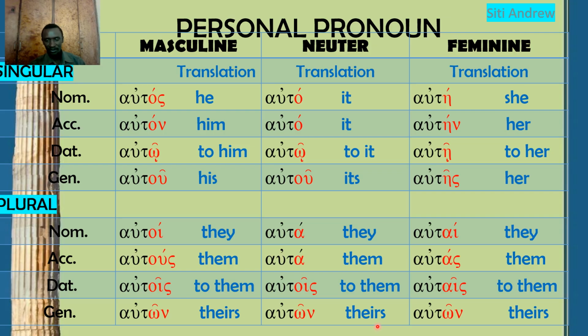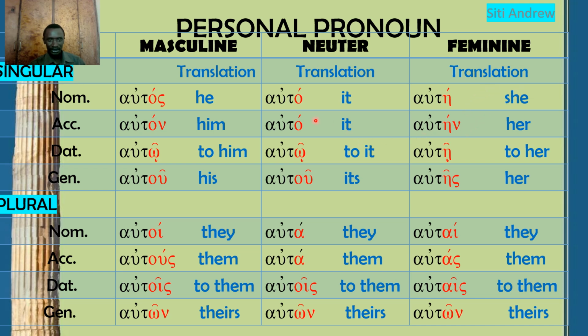And then lastly, you have feminine, which uses aute. So it's the same word, but from masculine it is autos, it has changed to neuter auto, and then it has changed to feminine aute.